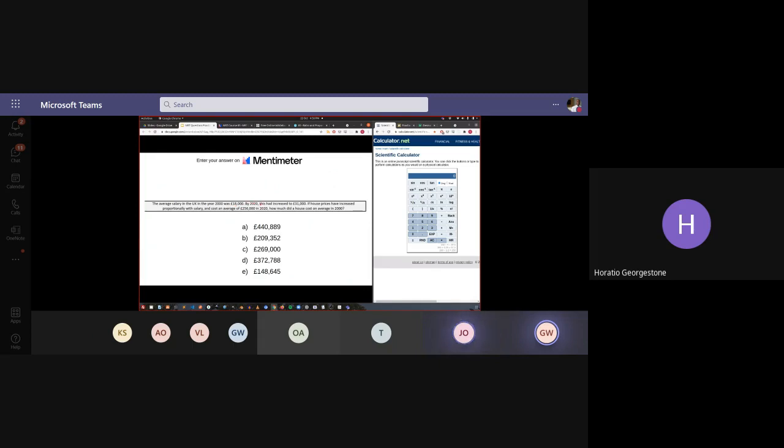By 2020, this had increased to £31,000. If house prices have increased proportionately with salary, I found it hard to say because it's such an unbelievable if, and cost an average of £256,000 in 2020. How much did a house cost on average in 2000?